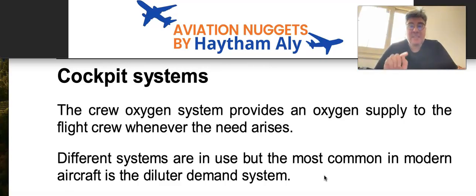So always, in the mask regulator we have a selector that is called normal or 100%. This is the dilution selector, the dilutor selector. If the selector is on the normal position, the wearer can inhale oxygen coming from the cylinder plus cabin air, and a dilution process can happen.